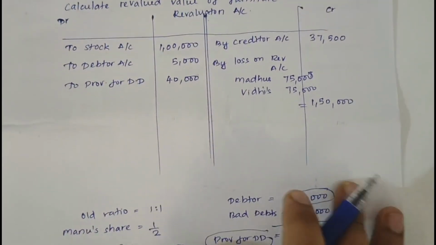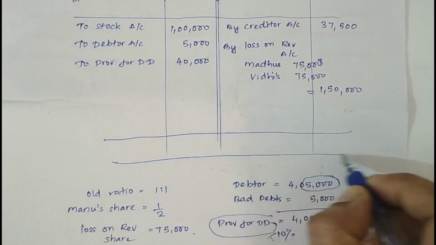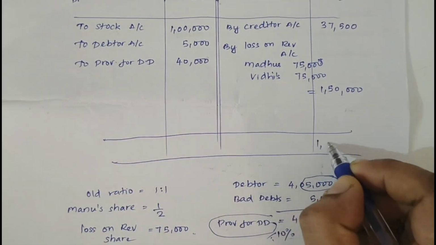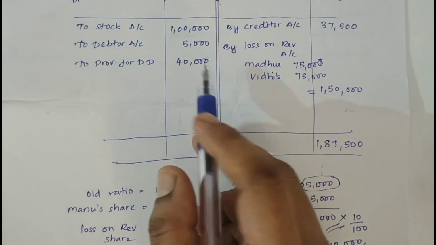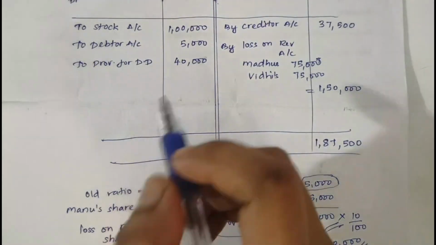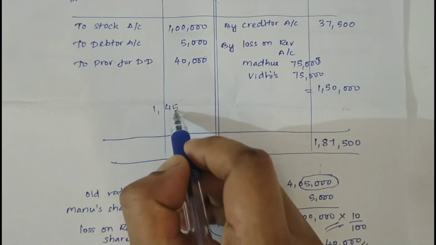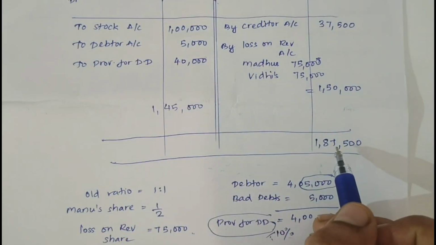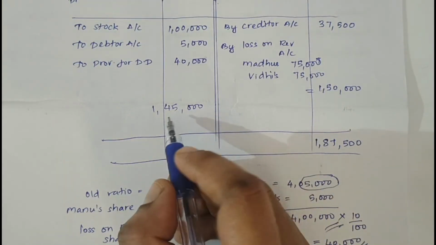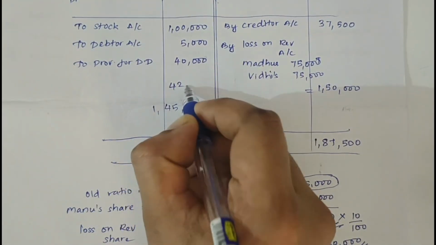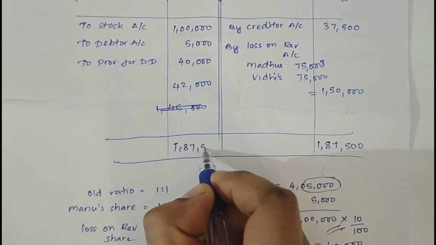Okay, nothing more on adjustment. So let's total it. It comes to 1,87,500. Here the total is only 1,45,500. So this side is more and this side is less. There is a missing amount of 42,500. Then only it will become 1,87,500.